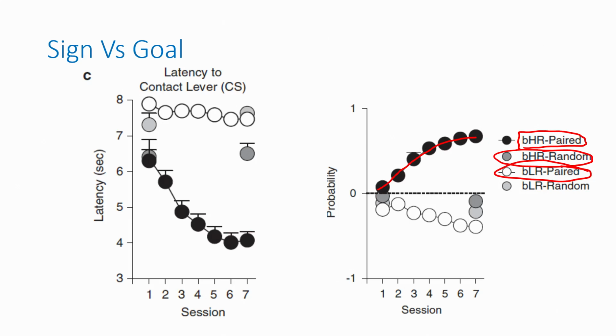So clearly the HR group are sign tracking. While I have not given the evidence here of the LR group being goal oriented, you can go into this paper and look at it; there is a continuation of this graph.